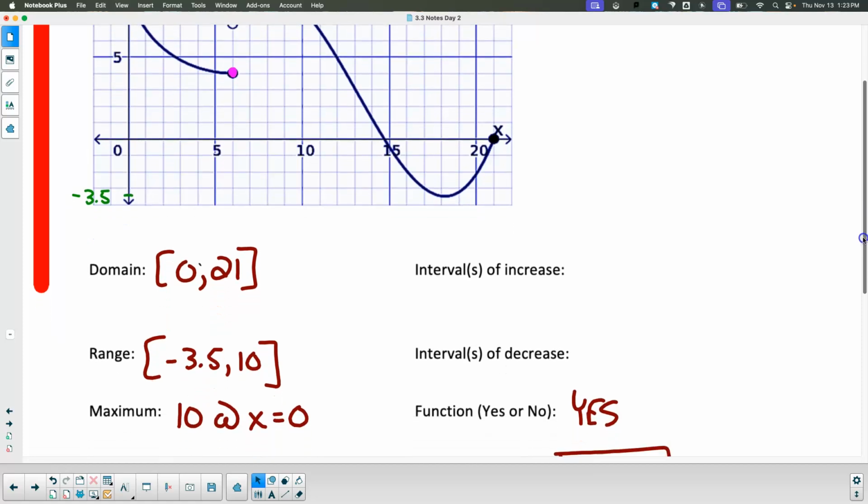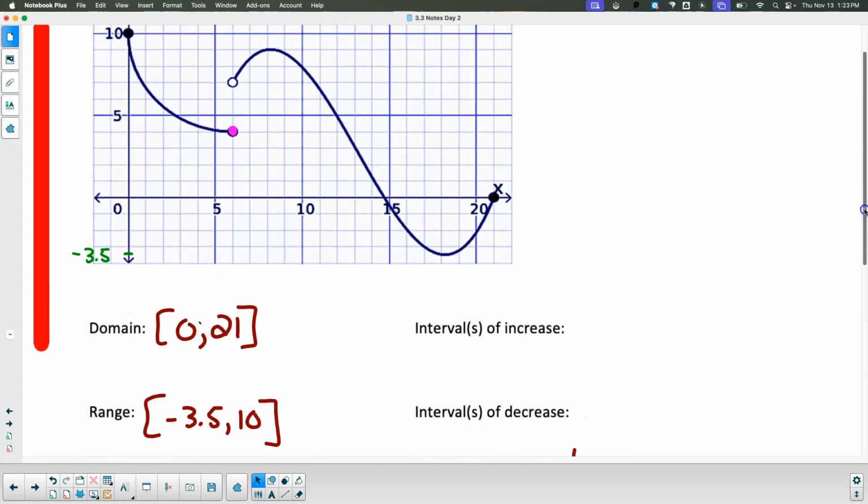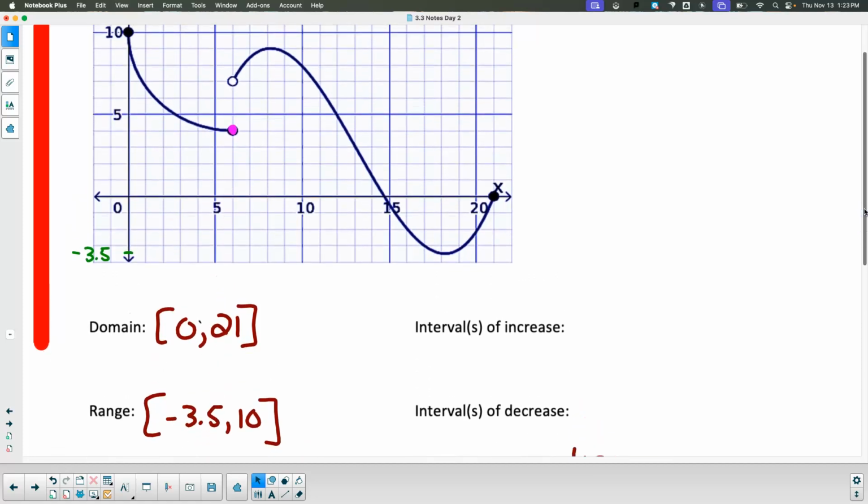So now let's talk intervals of decrease and increase. Decrease first. Zero to 6, so that would be 0, 6.